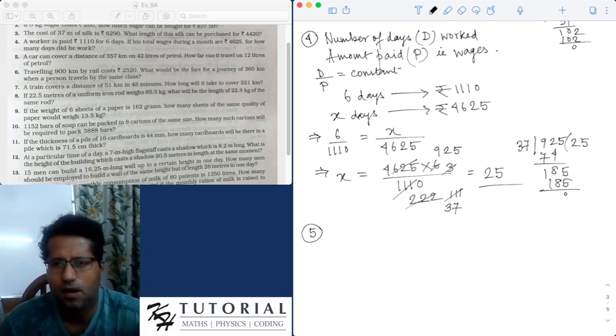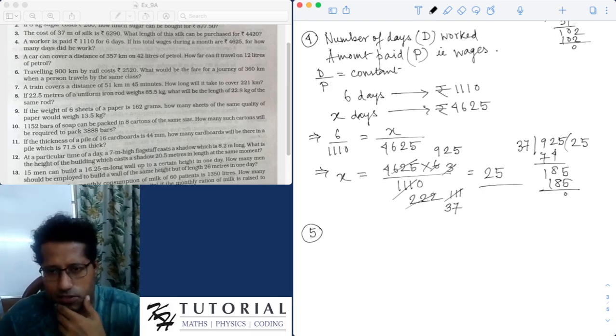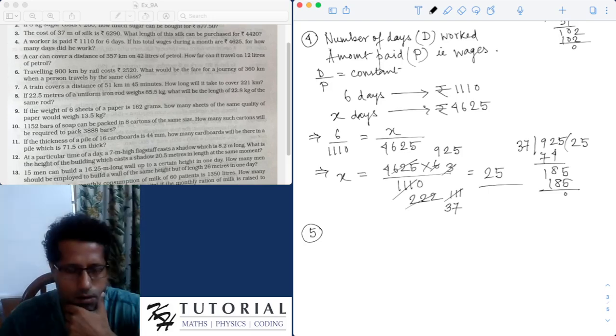Then you can apply the concept that the ratio will be same, and if you assume the quantity asked to be x, you will get an equation in that unknown x, and then you can easily solve it.